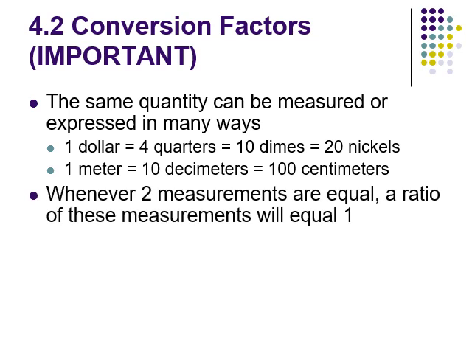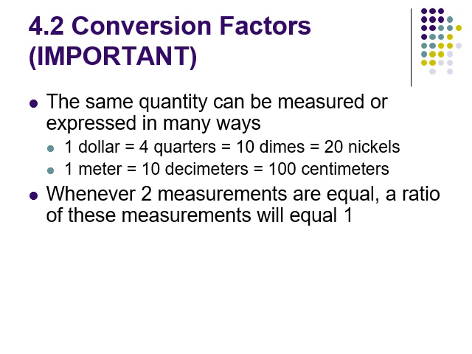Now, anytime that there are two measurements that are equal, I can create a ratio of those measurements that will equal 1. The way that we can do this, if you're interested mathematically, is imagine the $1 equals 4 quarters.